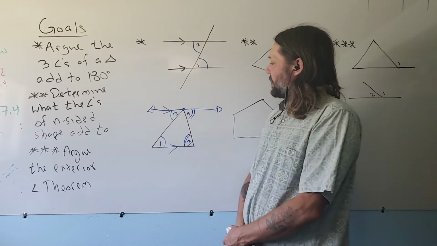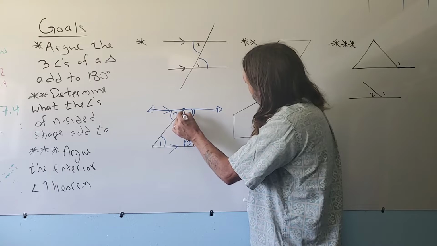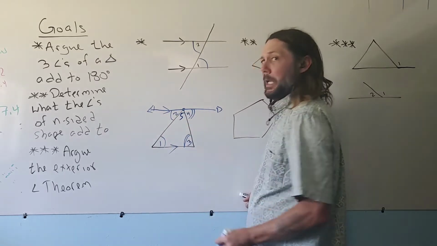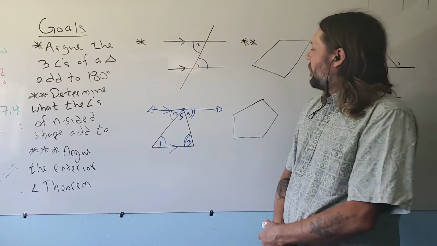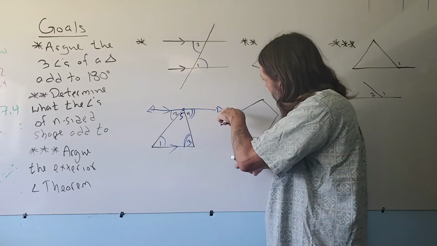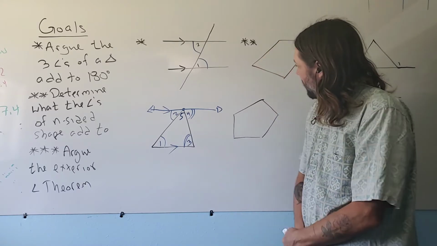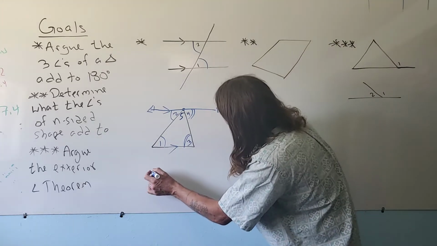And notice that I have an angle that I haven't named. I'll call that angle 5. And I know that angles 2, 5, and 4 must make a straight line, so angles 2, 5, and 4 must add up to 180 degrees. So I'll just write that real quick.